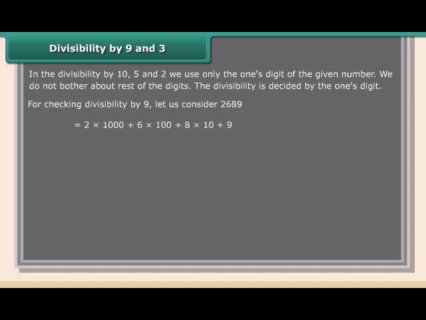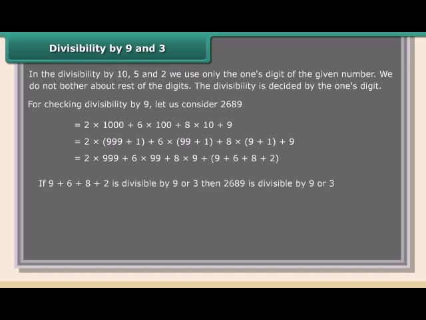2689 is equal to 2 into 1000 plus 6 into 100 plus 8 into 10 plus 9, which is equal to 2 into 999 plus 1, plus 6 into 99 plus 1, plus 8 into 9 plus 1, plus 9, which is equal to 2 into 999 plus 6 into 99 plus 8 into 9, plus 9 plus 6 plus 8 plus 2.